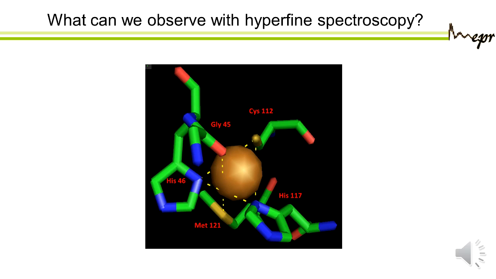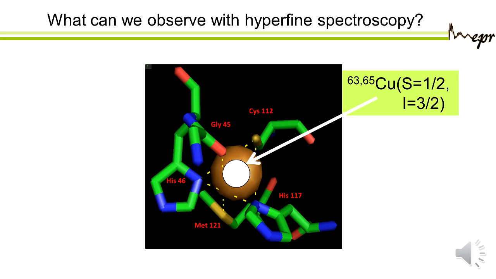So here we focus on this, and from the hyperfine coupling of the copper itself, we learn quite a bit about the electronic structure, so you can learn about the molecular orbital in which the electron participates, etc. And this we saw that we can resolve in the EPR spectrum, right? But now we are really interested in the sulfur.